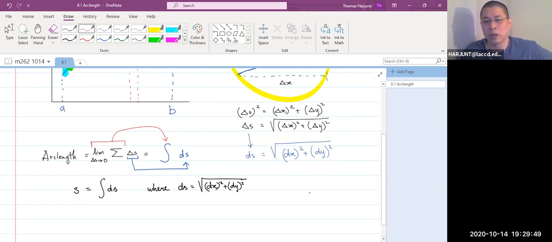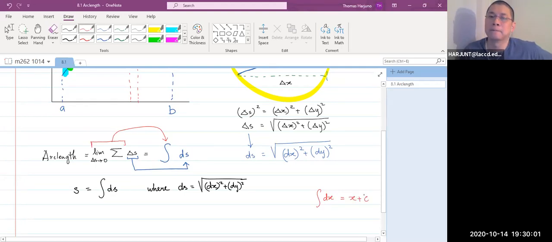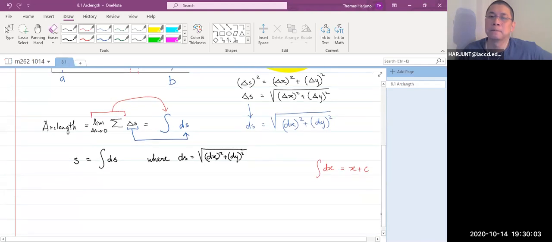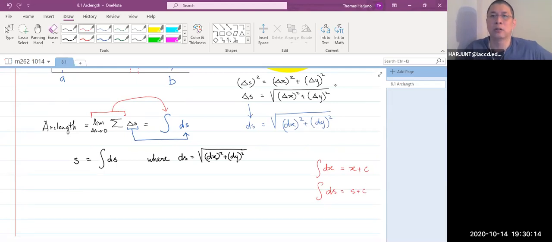Just to remind you, what is the integral of dx? X plus constant, is that right? Are you with me? So the integral of ds is s plus constant, right? But we ignore the constant for now.